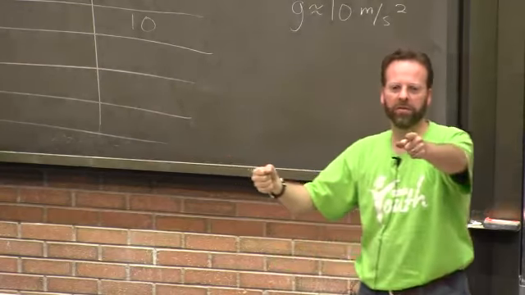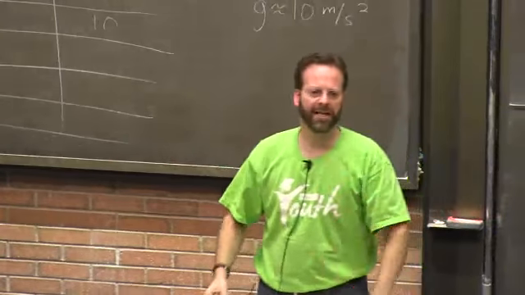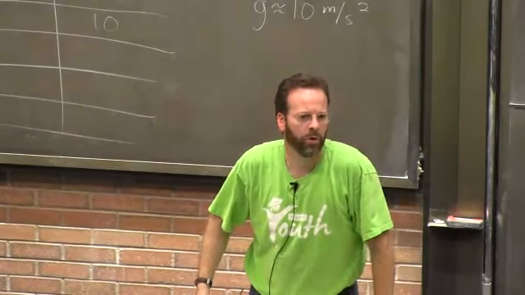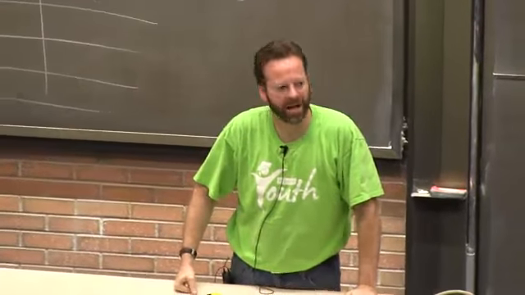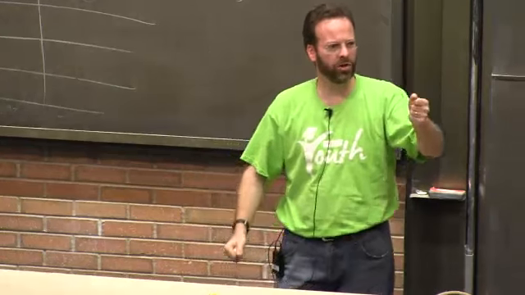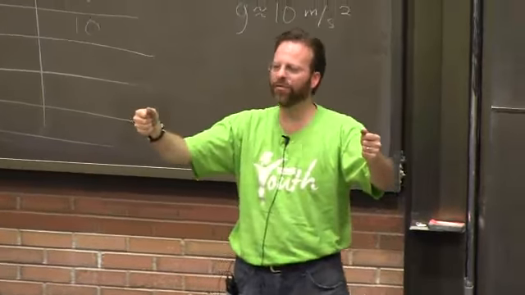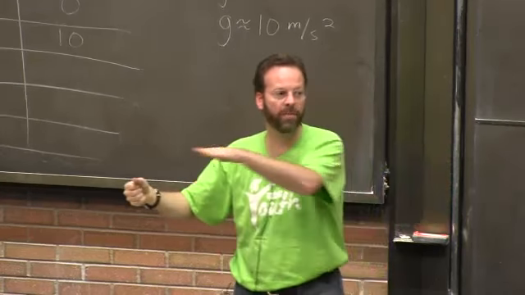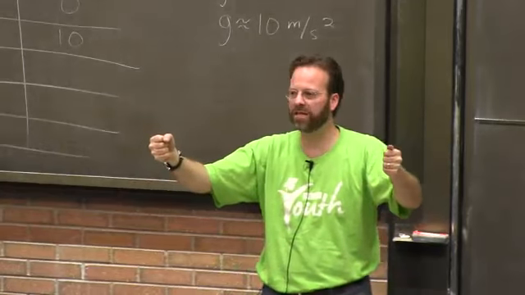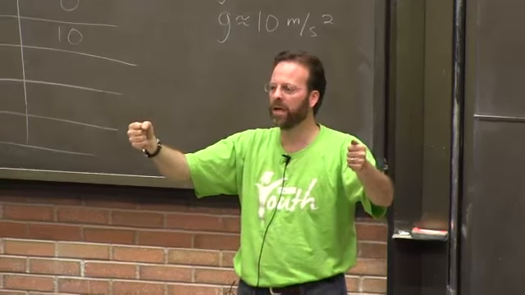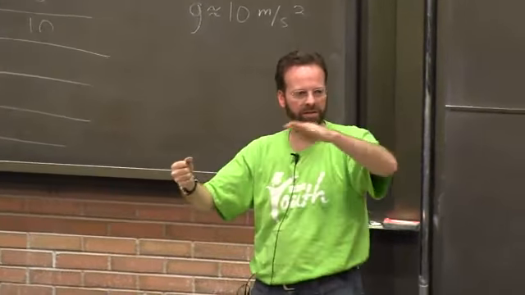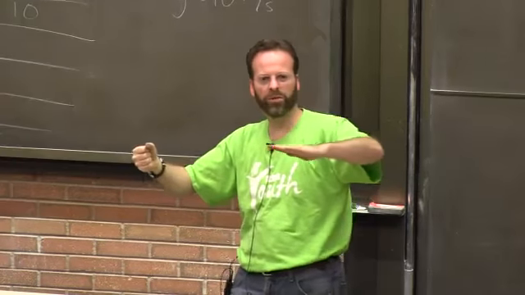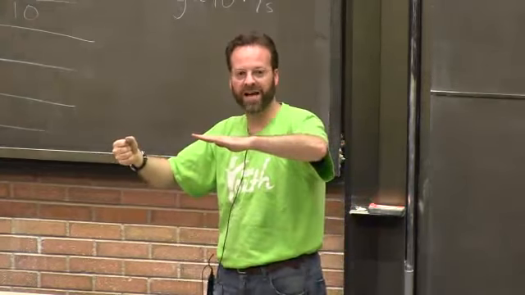You said 5. Would that be an instantaneous velocity or an average velocity? Average, right. If it starts at 0 and ends up at 10, the average velocity is 5. In other words, if it was going 5 meters per second the whole time, it would cover that same amount of distance. However, in reality, it was going less than 5 at one point, went through 5, went even faster, and got up to 10.